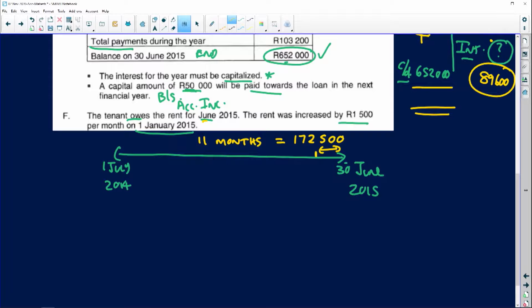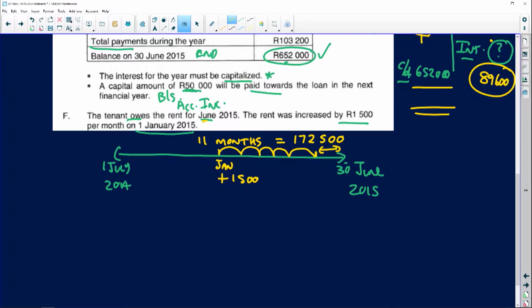We know the rent increased on the 1st of Jan by an amount of 1,500. Okay, now what does this mean? It means for the month of January, February, March, April, and the month of May. Remember, June wasn't paid.